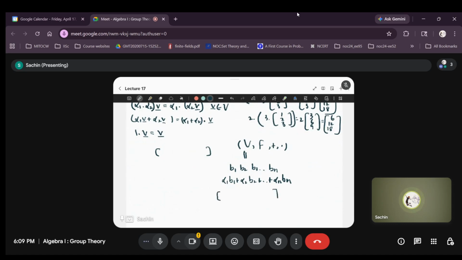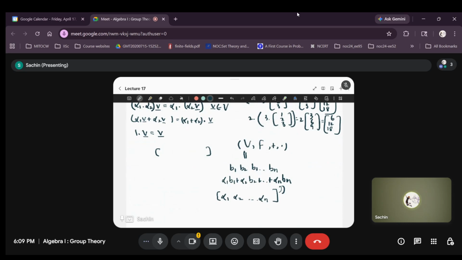Then you can simply remove the B1, B2 and the additional symbols and write alpha 1, alpha 2, etcetera, to denote this sum. It is very clear, right? There is no confusion.